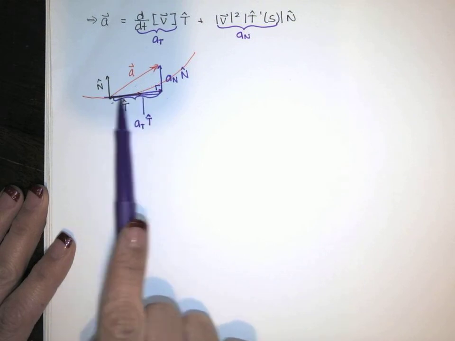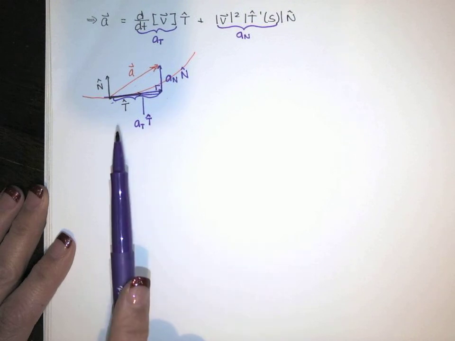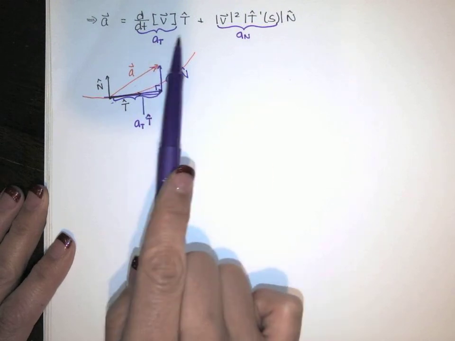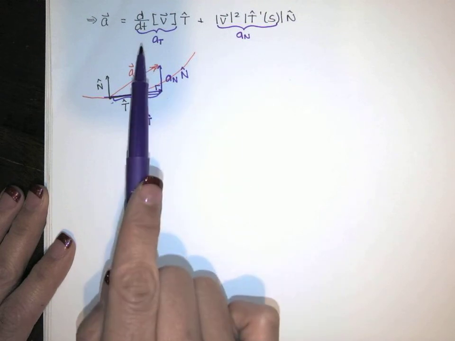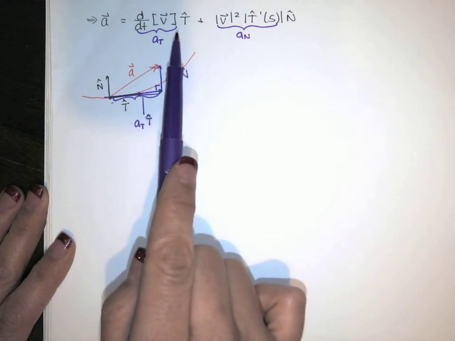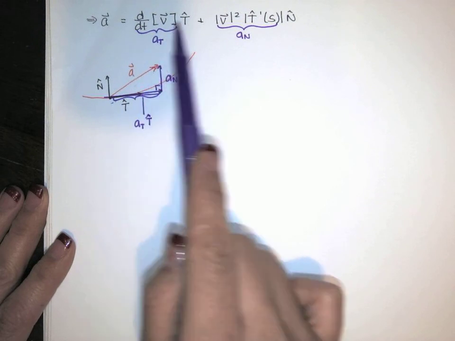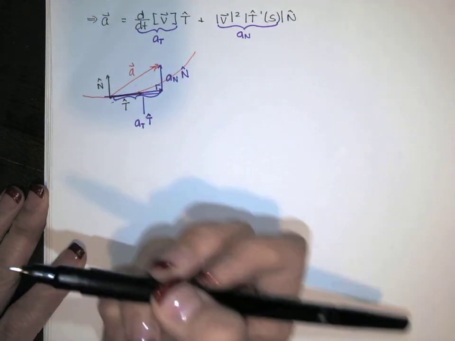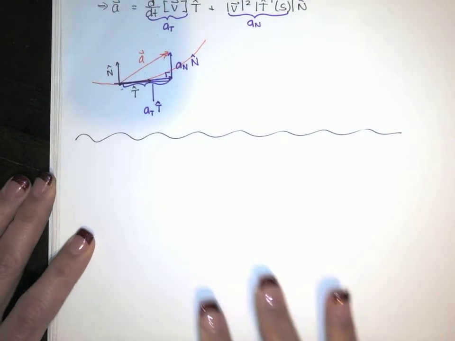Our acceleration has one part that's going in the direction of motion, plus another part that's going in the direction that we're turning. And those two parts are called a sub t times t hat and a sub n times n hat, if we're looking at the vector components, or the scalar components are just these two numbers. That's a sub t and a sub n. So let's talk about what these mean.